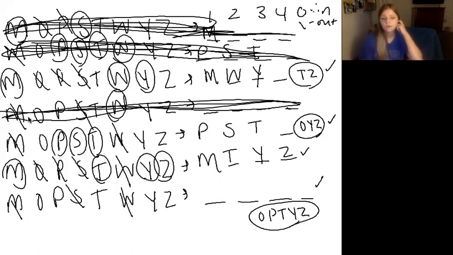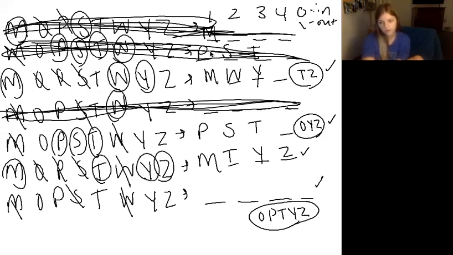So for example, A says O and S. So when I go through my worlds, I'm looking for O and or S on my team in order for it to be a correct answer. So for example, in my first world, I could have it be where O and S are not included. So that's actually a wrong answer because I'm looking for something that has to be true in all of my worlds. So we can eliminate A.